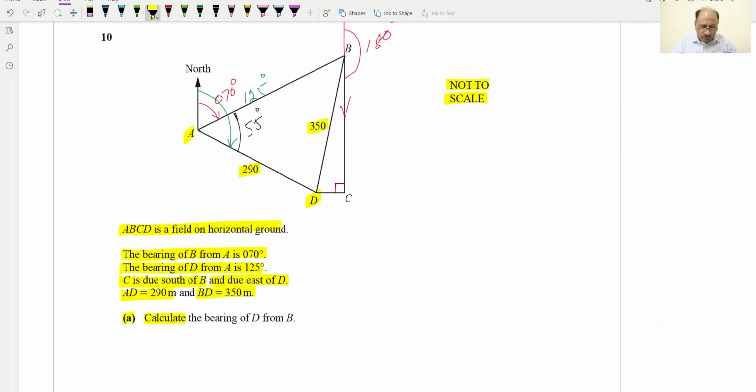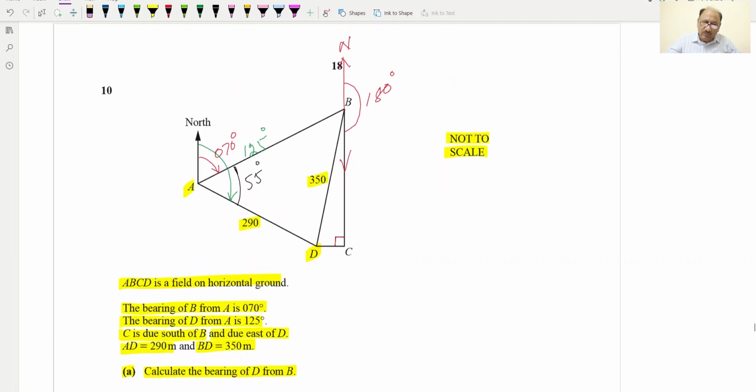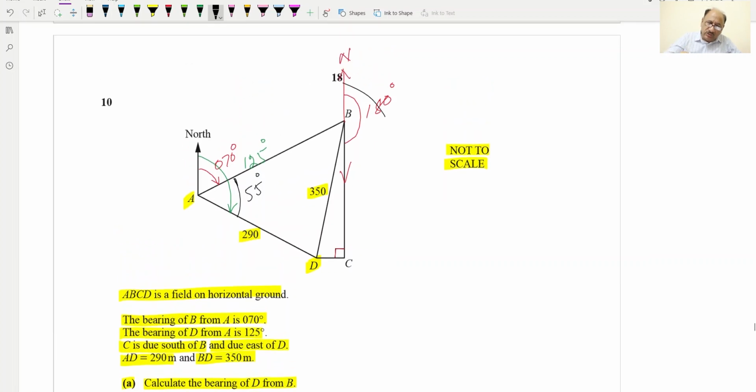Now part A: calculate the bearing of D from B. The bearing of D from B will be starting from here till this point, this is the bearing which is required.